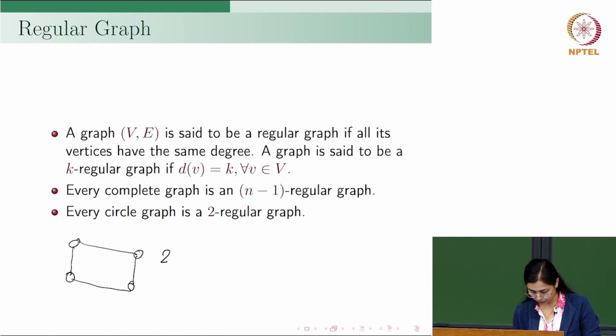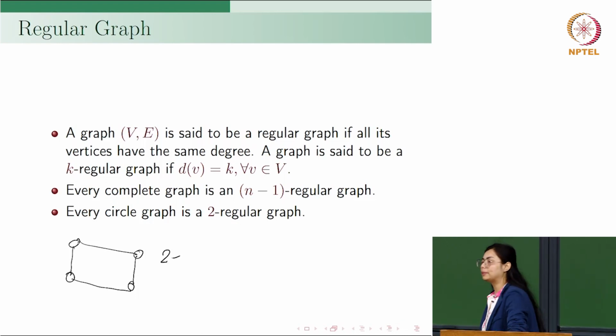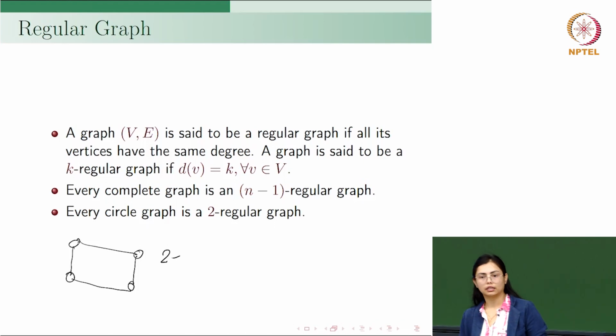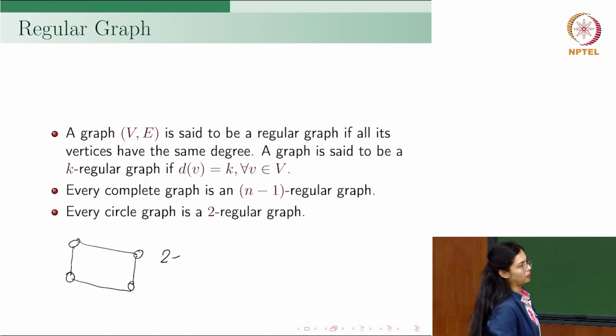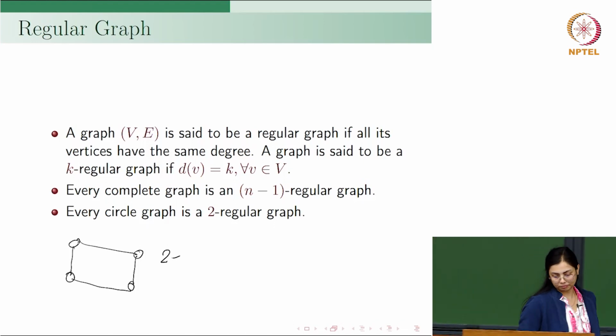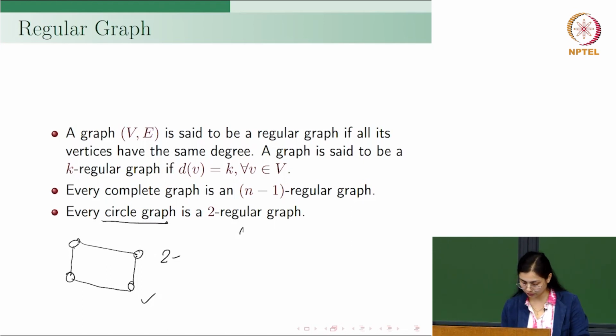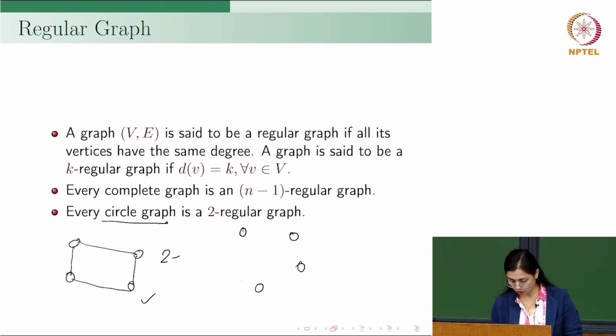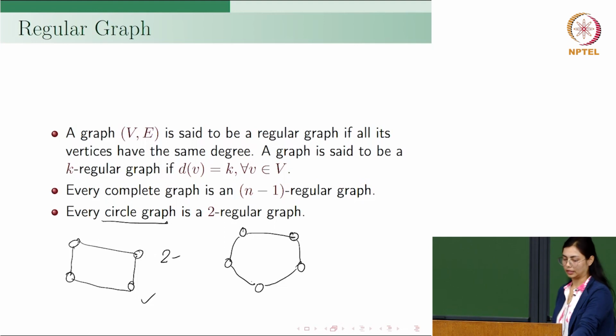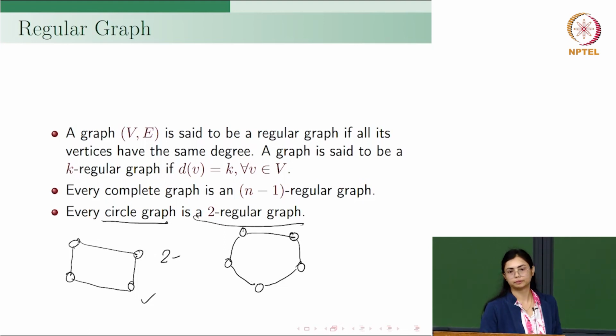So this is a 2-regular graph. And a complete graph is always an (n minus 1)-regular graph. And a circle, this is also a circle, right? In case there are 5 nodes, this is another circle and is always a 2-regular graph.